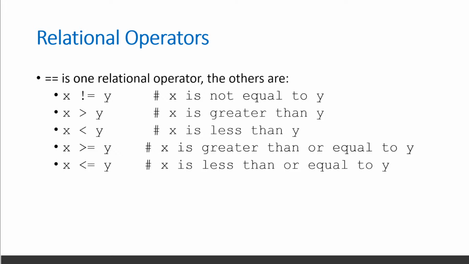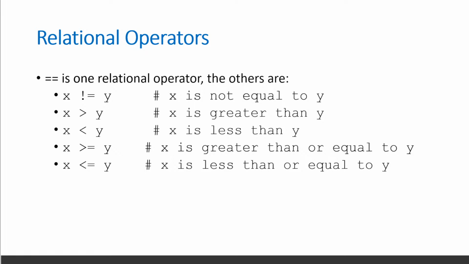And so we have all of these different relational operators that we can use here, other than equals equals. Equals equals is just one. Exclamation point equals means not equal. Greater than, less than, greater than or equal to, less than or equal to.